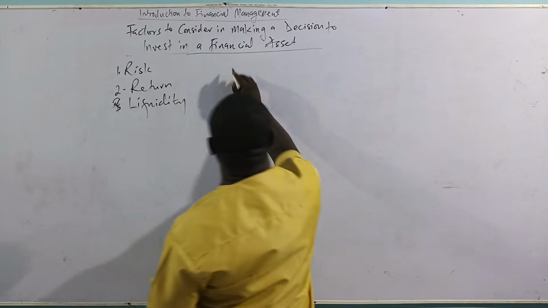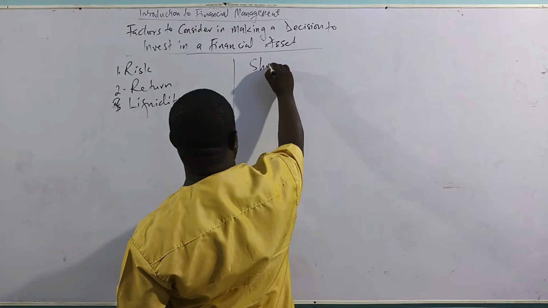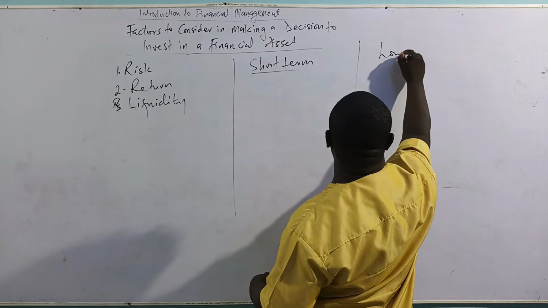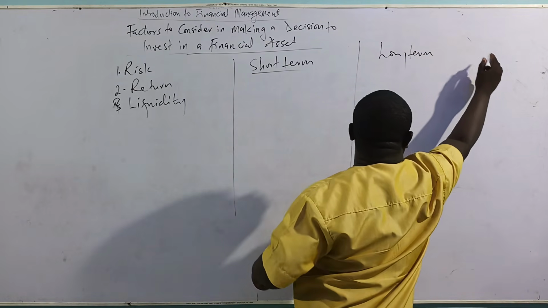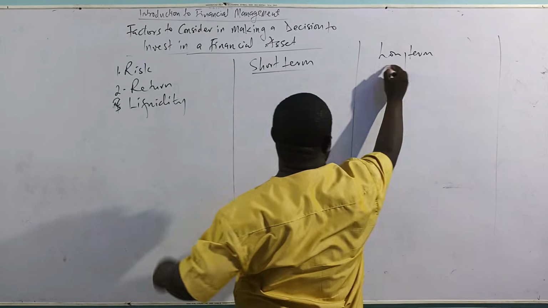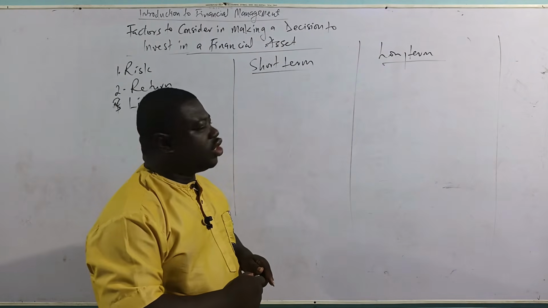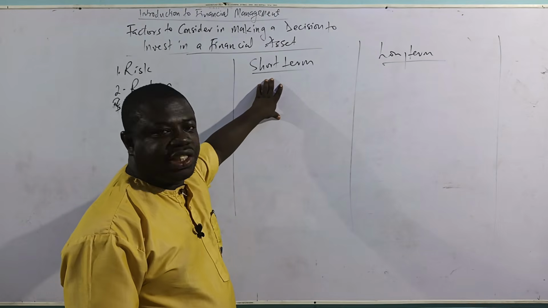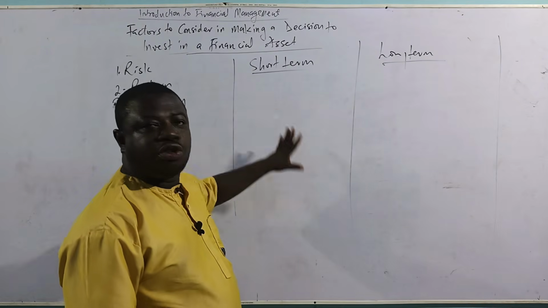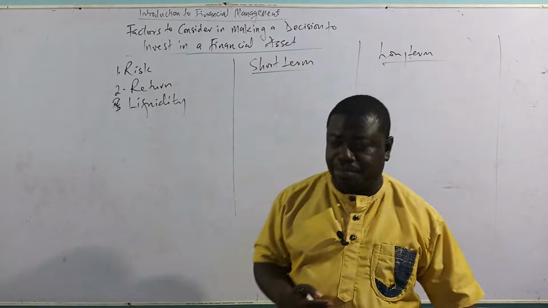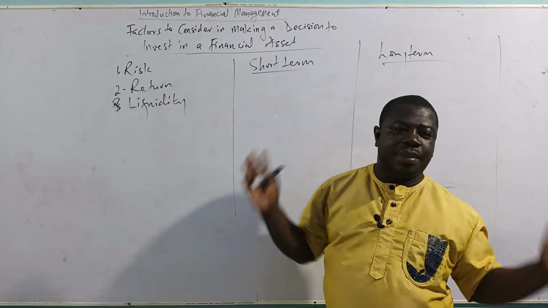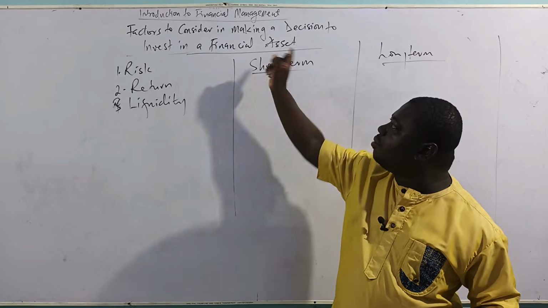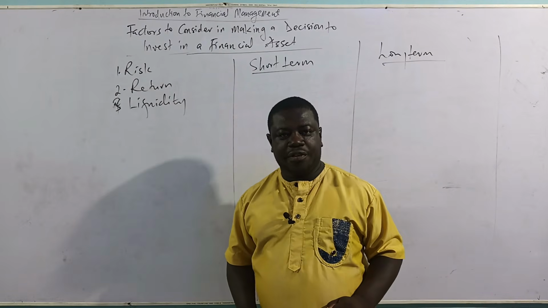However, you can decide to invest in the short term or invest for the long term. To make a short-term investment in a financial asset, there are factors to consider. So in an exam, for example, you can be asked to mention or explain the factors to consider in making a decision to invest in a financial asset.